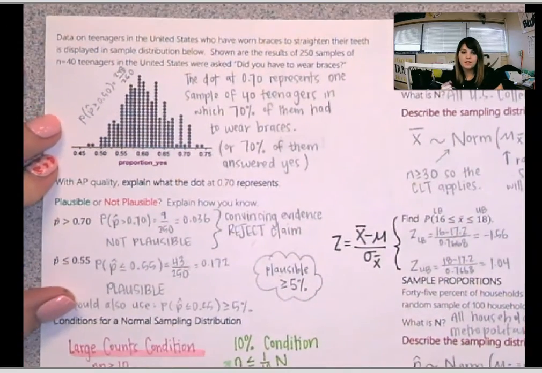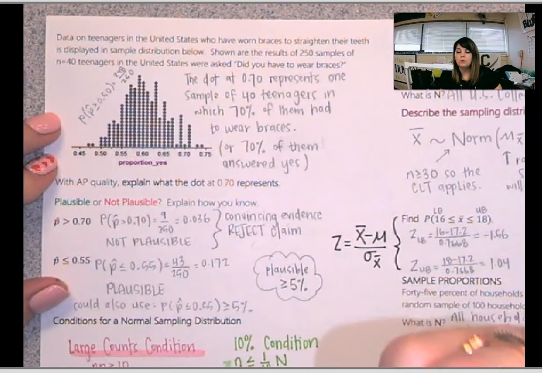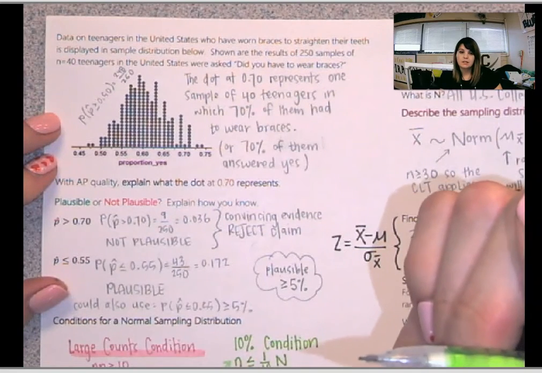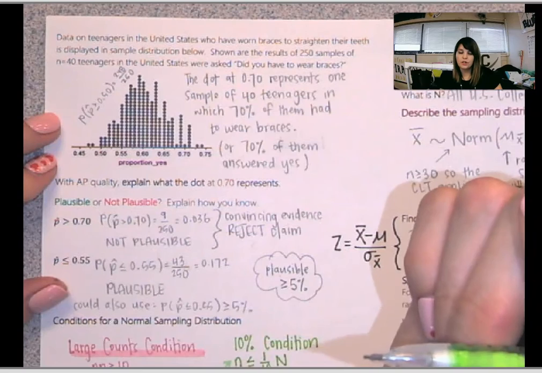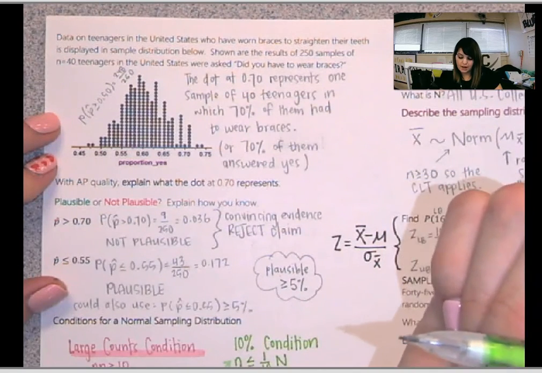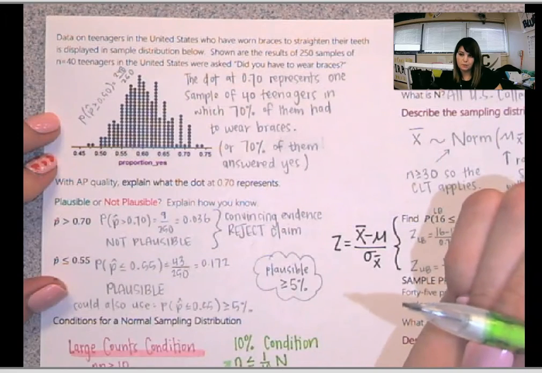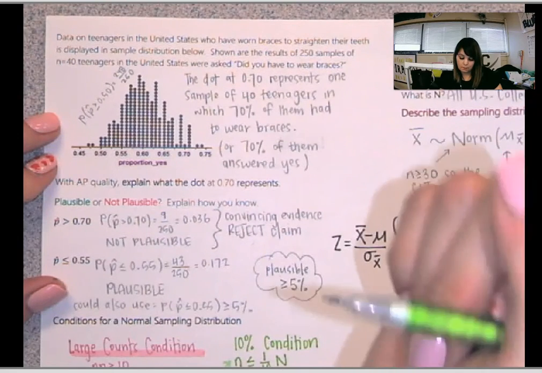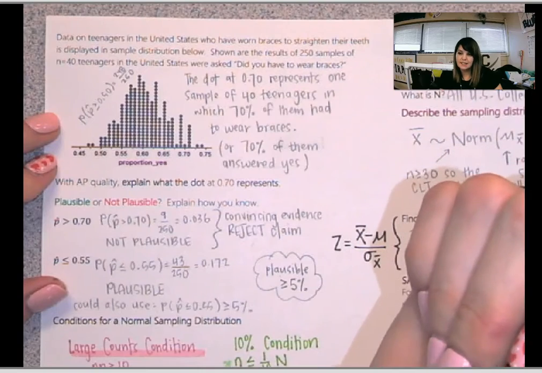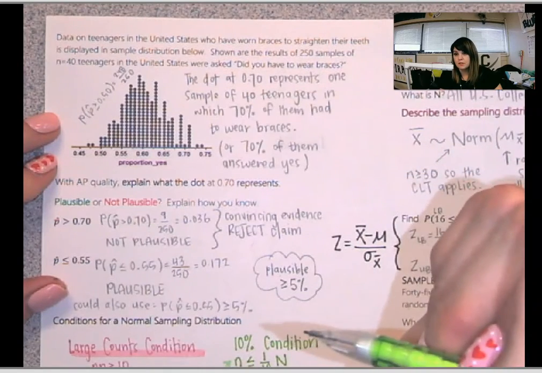In our sample, out of 250 samples, the proportion was less than half of people 2 times.